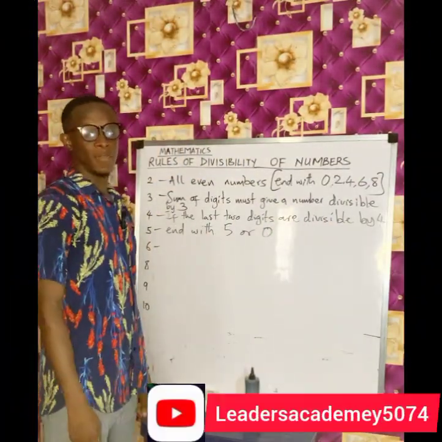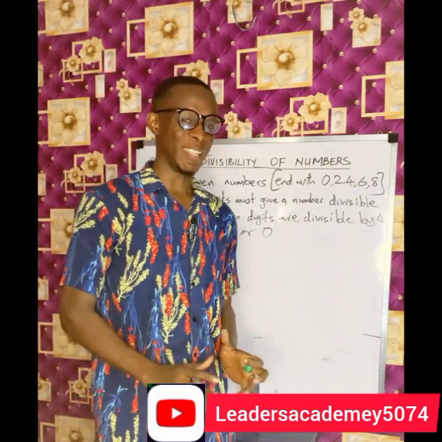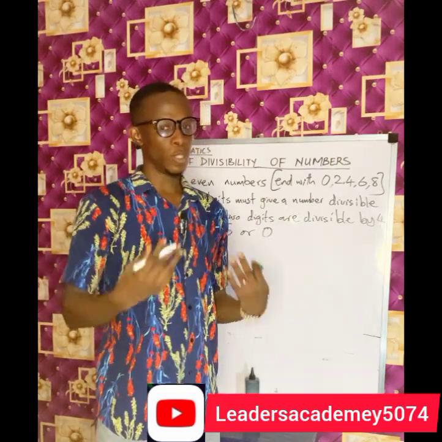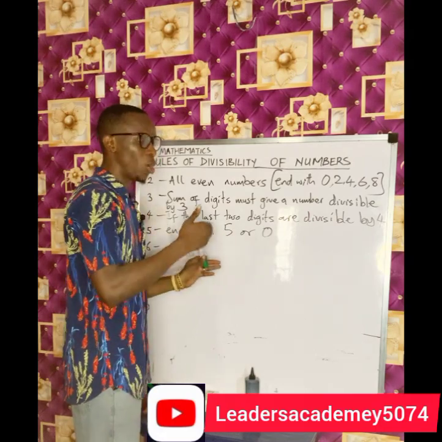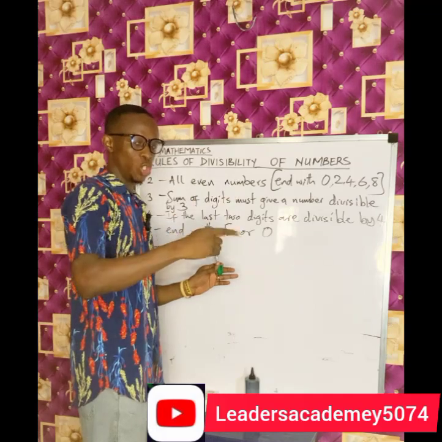For the rule of numbers divisible by 6, numbers that are divisible by 6 are numbers that can be divided by 3 and are also even numbers. In this case, the sum of its digits must give a number that is divisible by 3 first. Then it should be an even number.